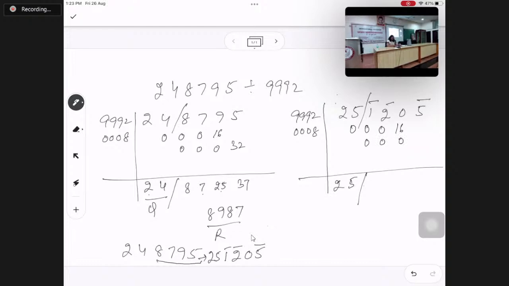This is 40. Then 1 bar, it is 1 bar. This is 2 bar, and this is 16. 40 minus 5 is 35.